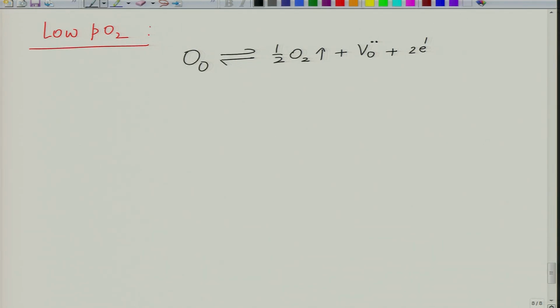We consider only electronic compensation, let us not worry about ionic compensation, otherwise you can do it in terms of ionic compensation. Let us assume that the activities of metal on metal site and oxygen on oxygen site are equal to 1.